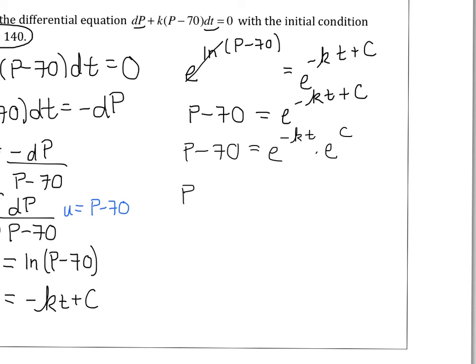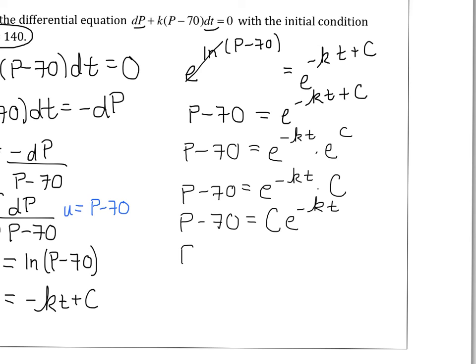And then of course we'll go one step further and say that e to any constant is also just a constant itself, so times c. And you know what? I'm a little more comfortable with that c out in front. So c e to the negative kt. And then last but not least, to solve for p, I'm just going to add 70 to both sides. So c e to the negative kt plus 70.